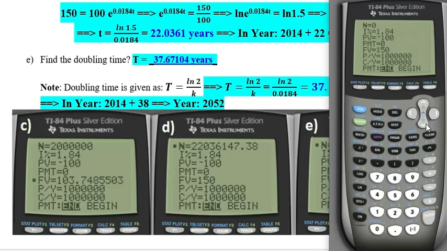PMT, we don't care, that's for annuity. And it is going to double to 200 million. P over Y is 1 million. C over Y is 1 million. Then go back to N, alpha solve, and that gives you 37.67 million. When you divide this by a million, then that is 36.67 years. And that is 2050.